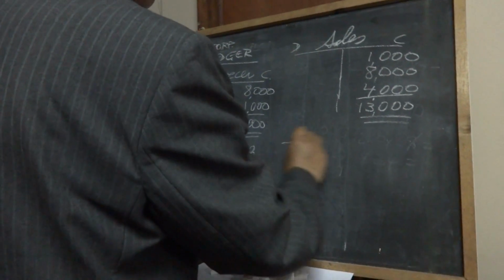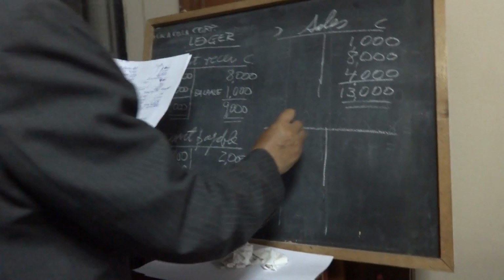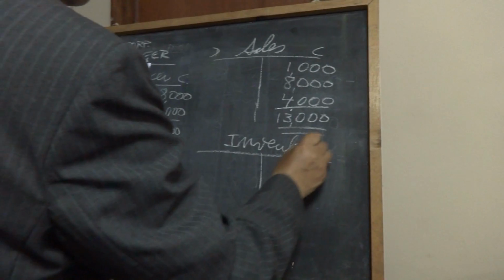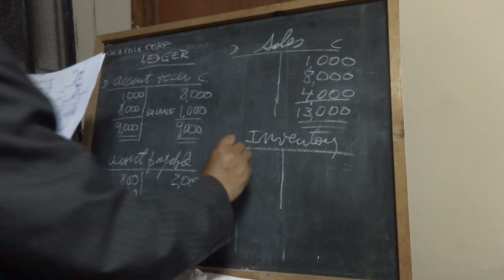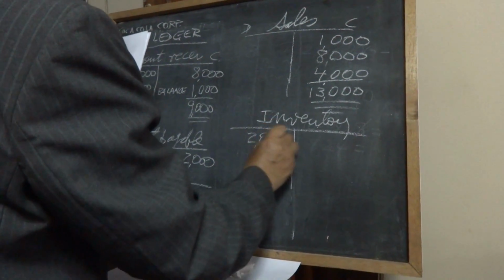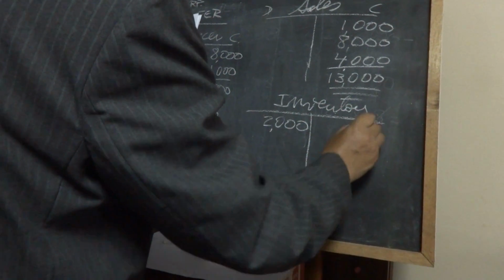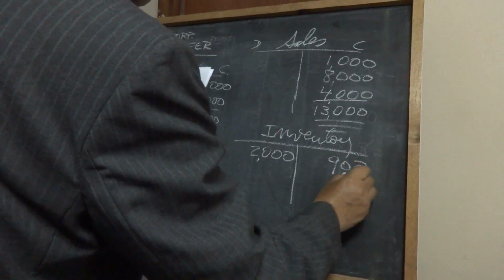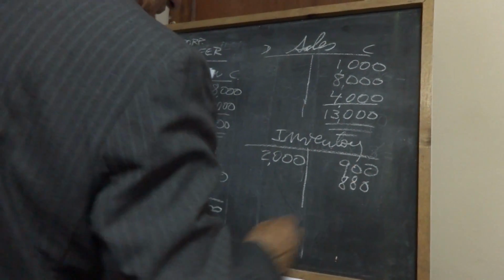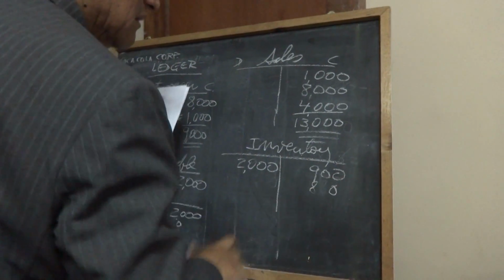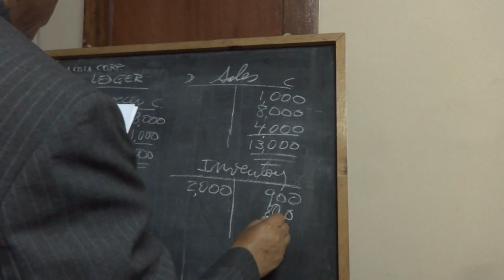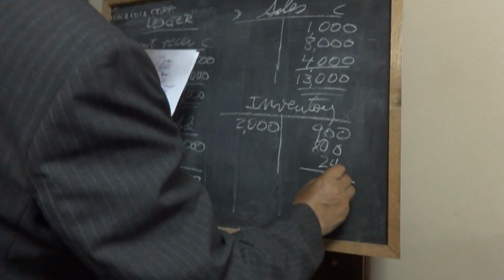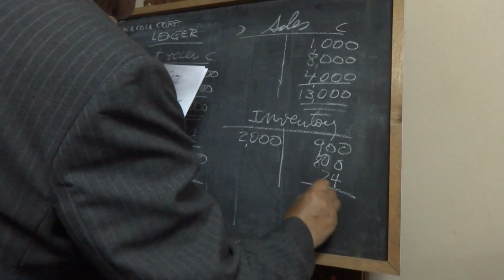Then we have the account inventory. On debit, $2,000. On credit, $800 plus $24.